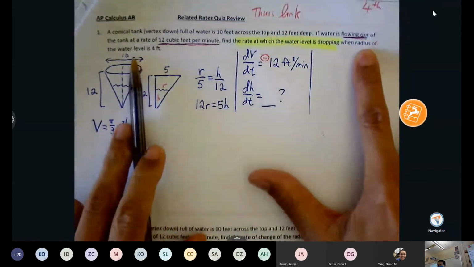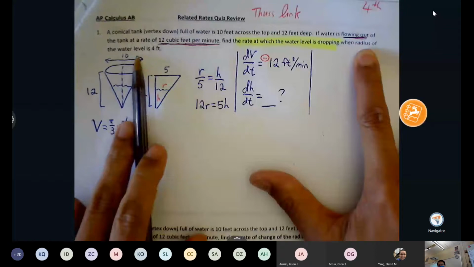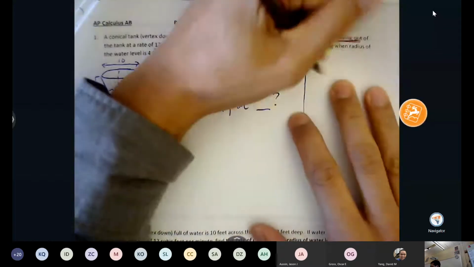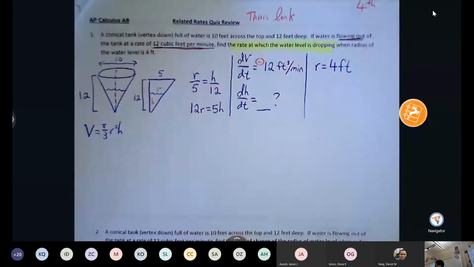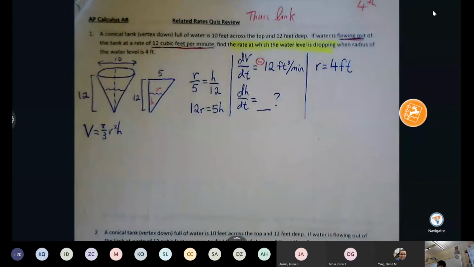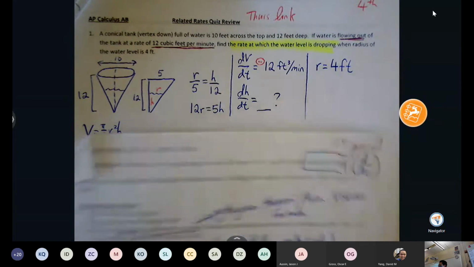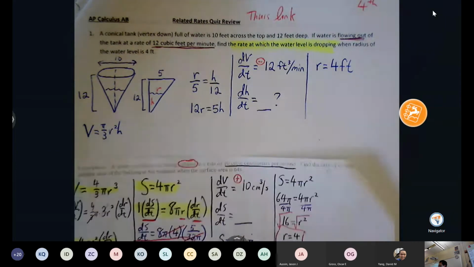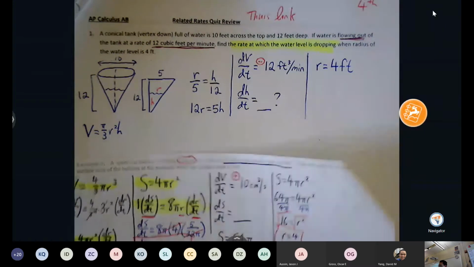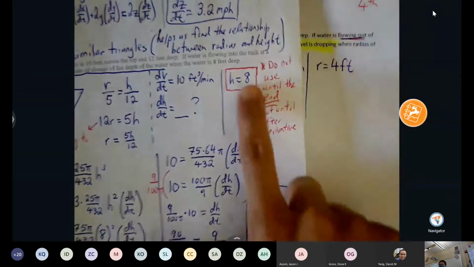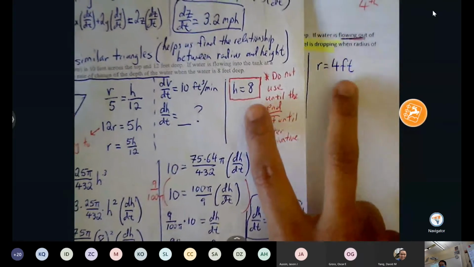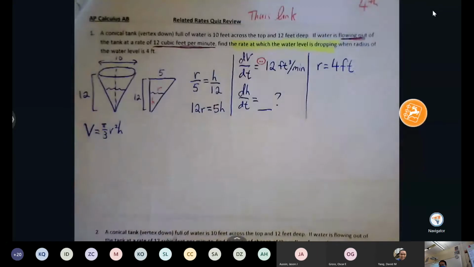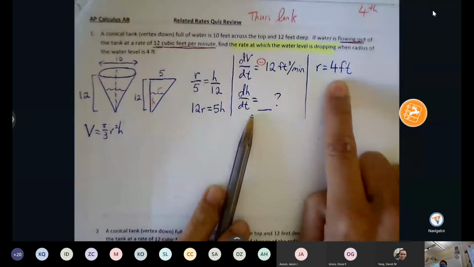When the radius is 4 feet, so this is something different. Our previous problem, we were given h, but now we're given the radius of the water level, so maybe these are related, but we have something that looks a little bit different, right?